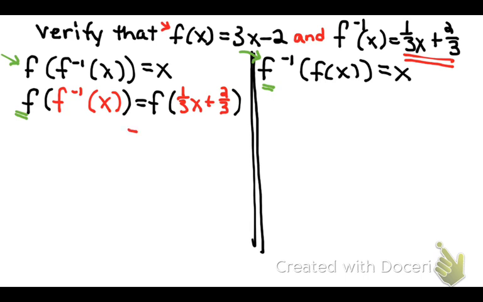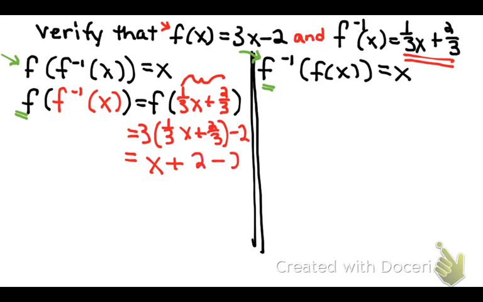So those are going to go on the outside. This is replacing the x. So we have 1/3 x plus 2/3, and then we have the -2. We distribute the 3, so that comes out to x plus 2 minus 2, and we end up getting x.